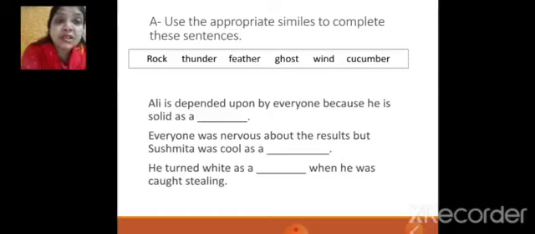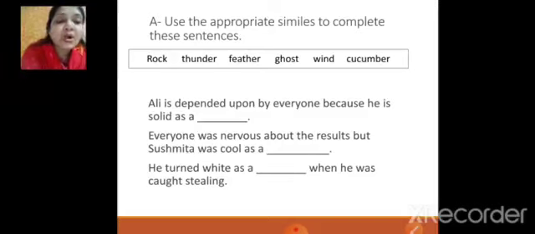Now you need to check the words given in the box above and frame the complete sentence. Next one. Everyone was nervous about the results, but Sushmita was cool as a dash. Next. He turned white as a dash when he was caught stealing.